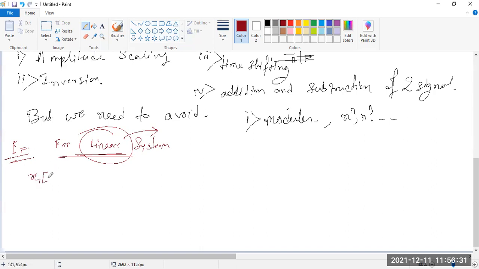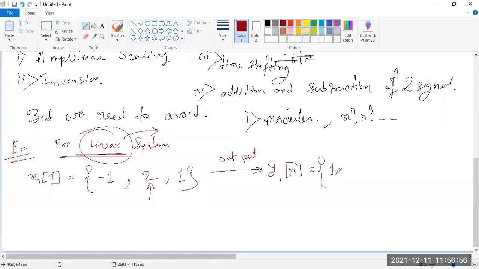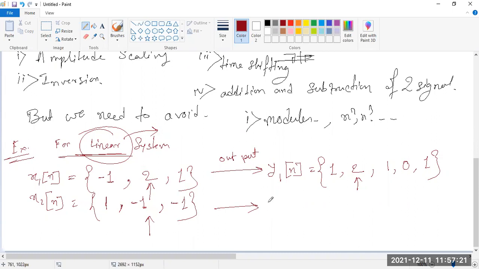Say this is x1[n], you have given, this is a discrete function. You can realize this signal: this is -1, this is 2, here it is given 1. The corresponding output y1[n] is 1, 2, 1, 0, 1. If this is another input x2[n] equal to 1, -1, -1, the output is y2[n].